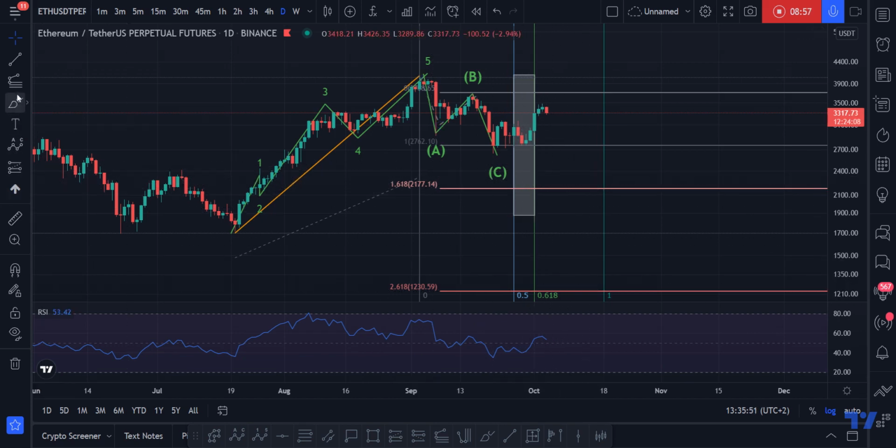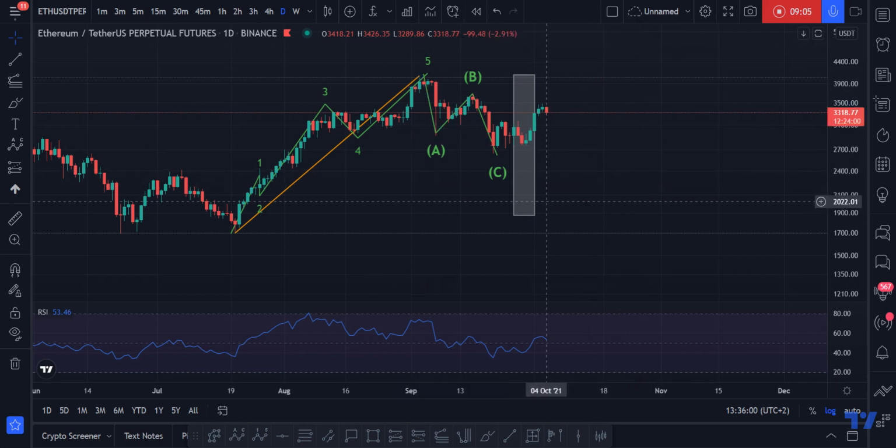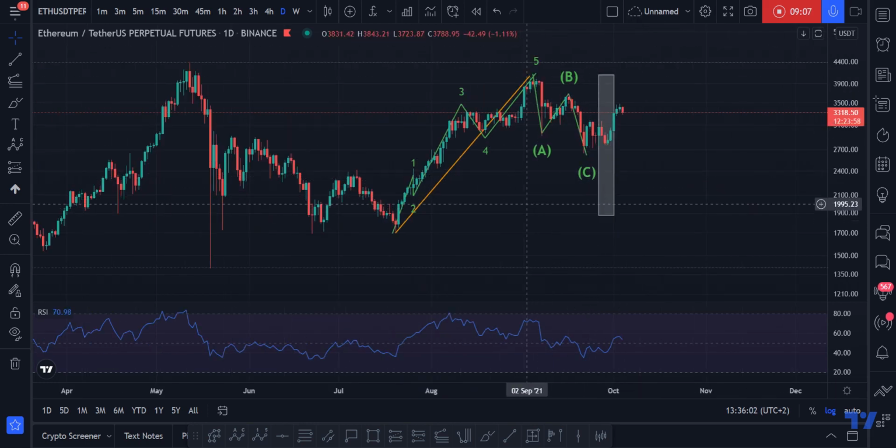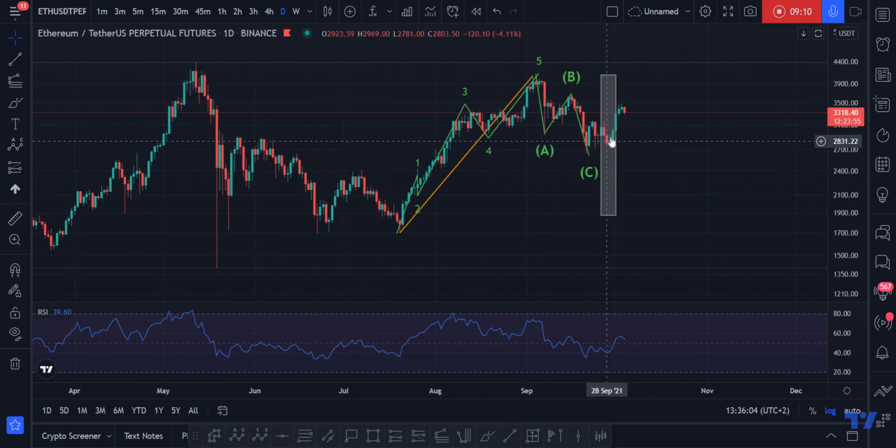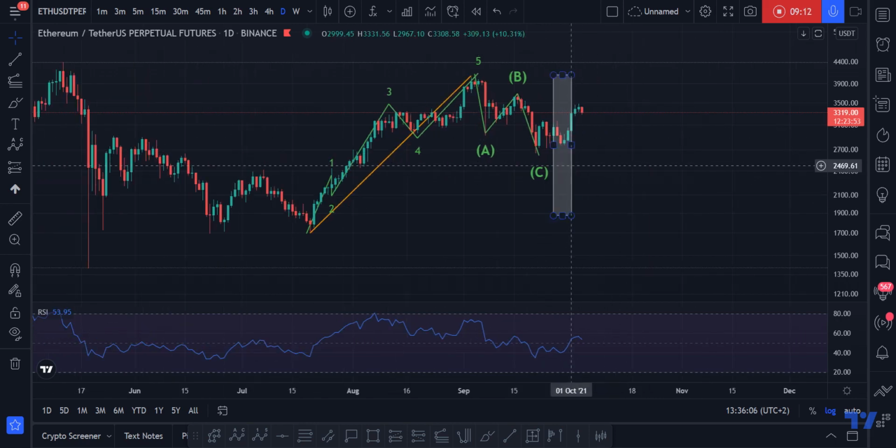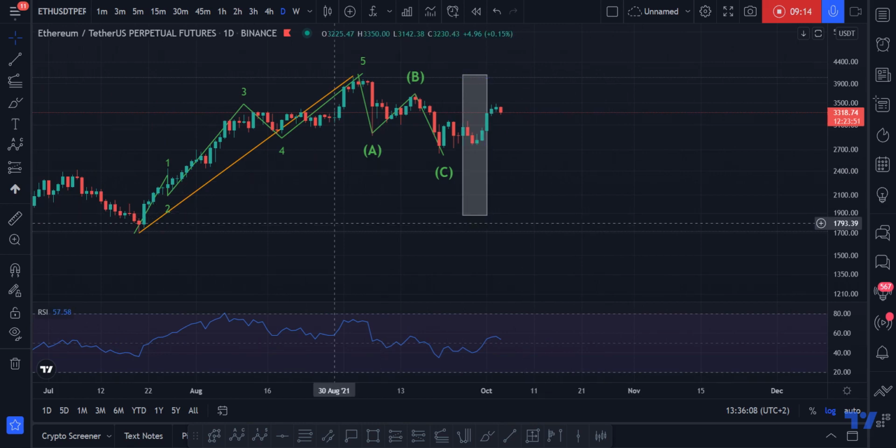So you can mark it even if you take it out, right? If we are taking this out, you know in time where to expect a move to the upside. What else do we have?